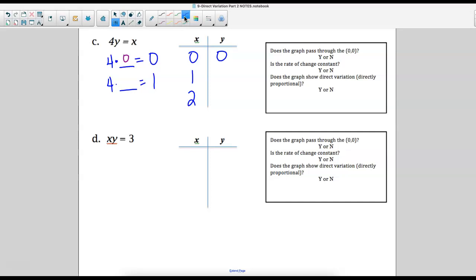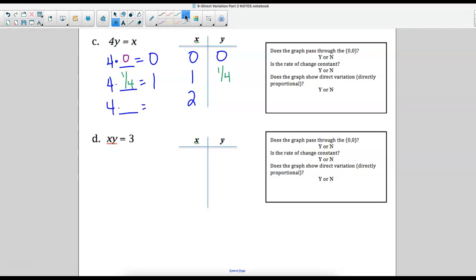Dividing by 4 is the same as multiplying by what fraction? Do we know? One-fourth, right? 1/4 of 4 is 1. So y would be 1/4.